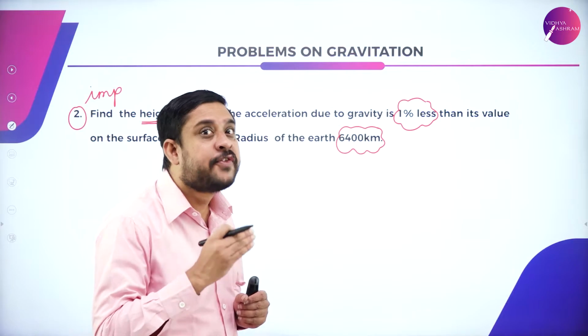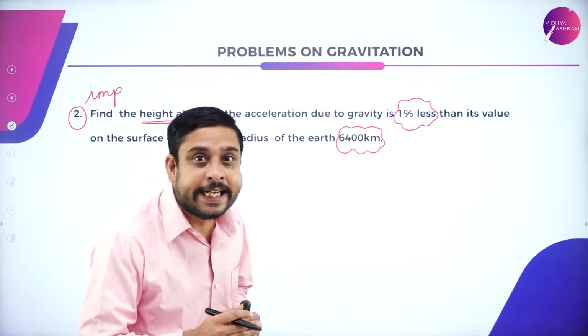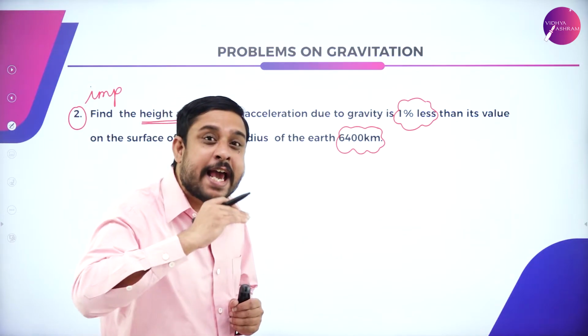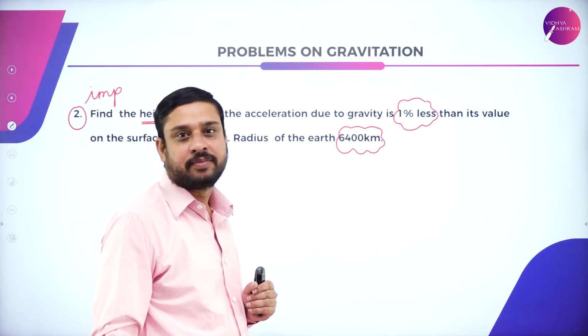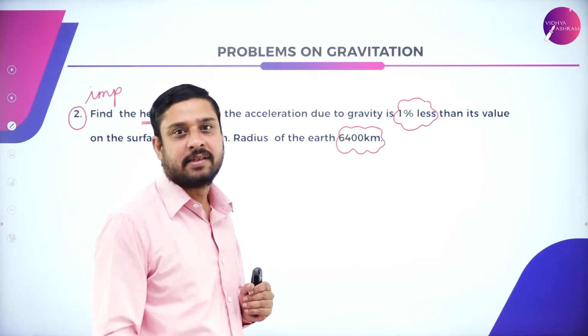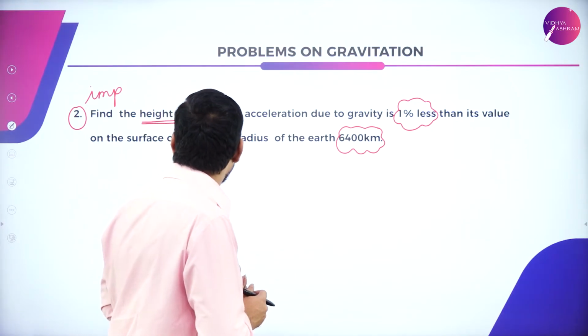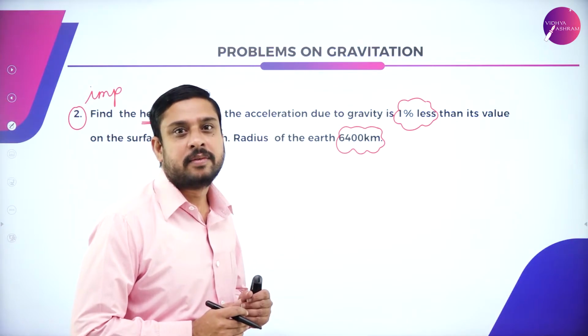I have to find the height where acceleration due to gravity is 1% less than its value on the surface of the earth.